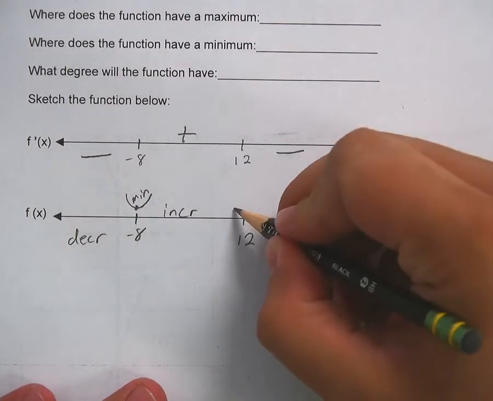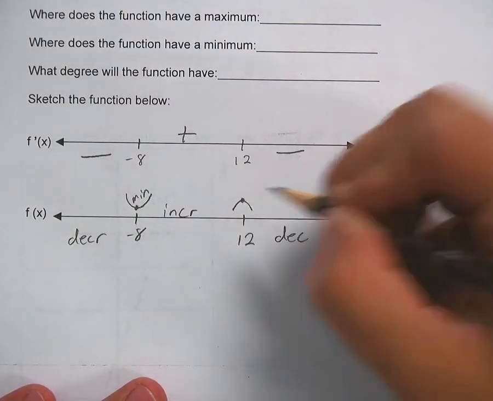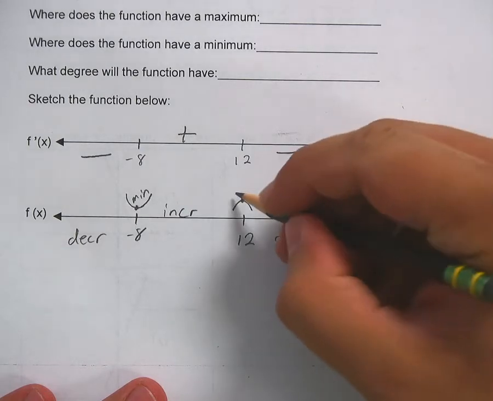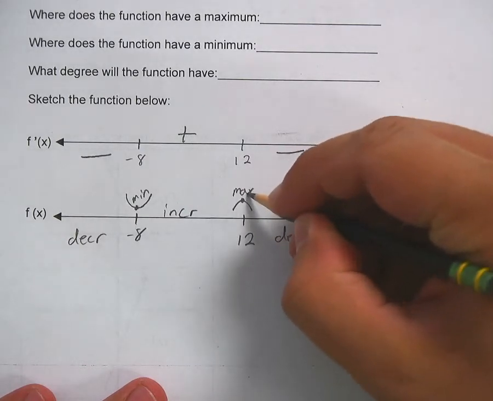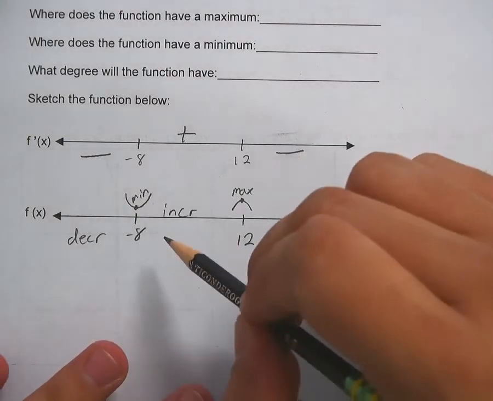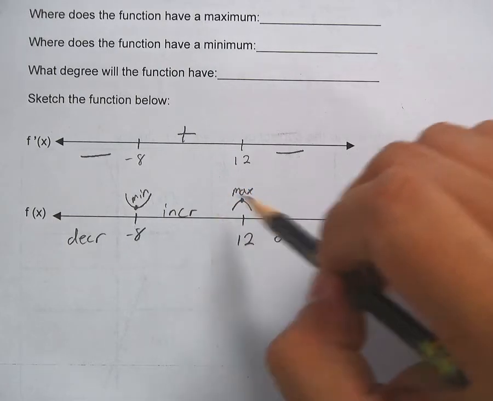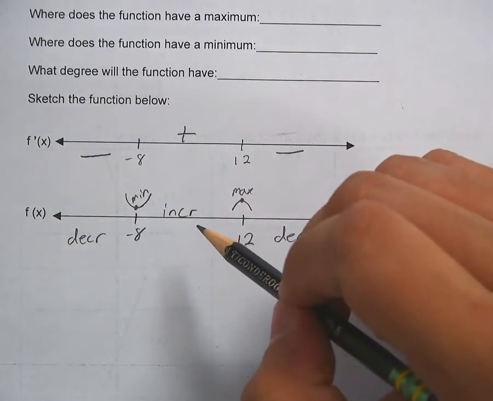What about going from increasing to decreasing? What would happen right here at 12? That would give you a maximum. So if you make this connection here, the zeros of your derivatives are going to be maximums or minimums on your actual graph.